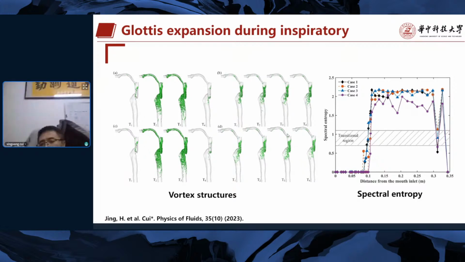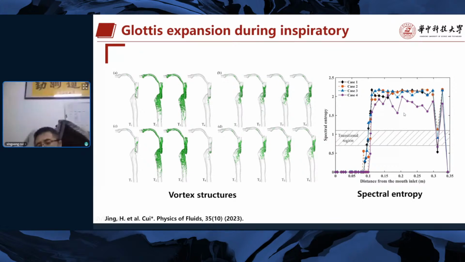We also did some SE analysis. We could see that the flow transitions from laminar to turbulent, and the laminar flow transitions in the laryngeal region. Also in the trachea region, it may transfer from turbulence to laminar, then back to turbulence, and then to laminar again.